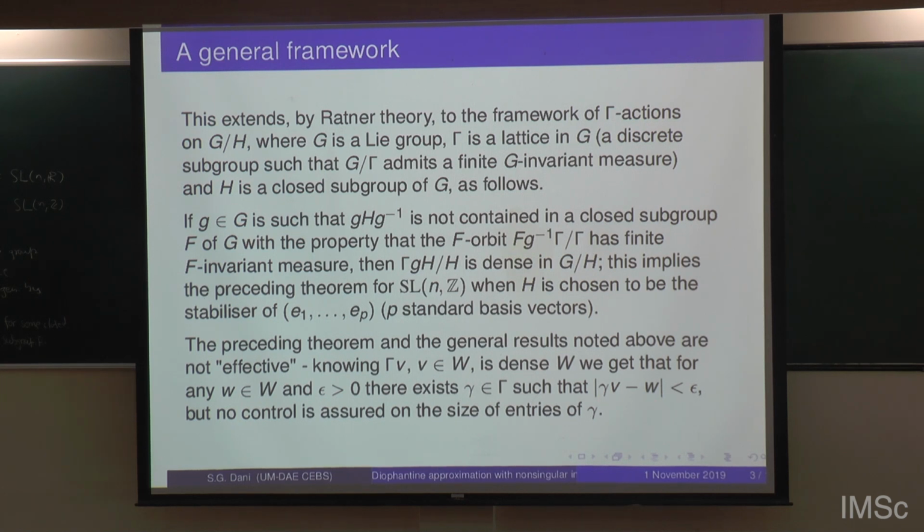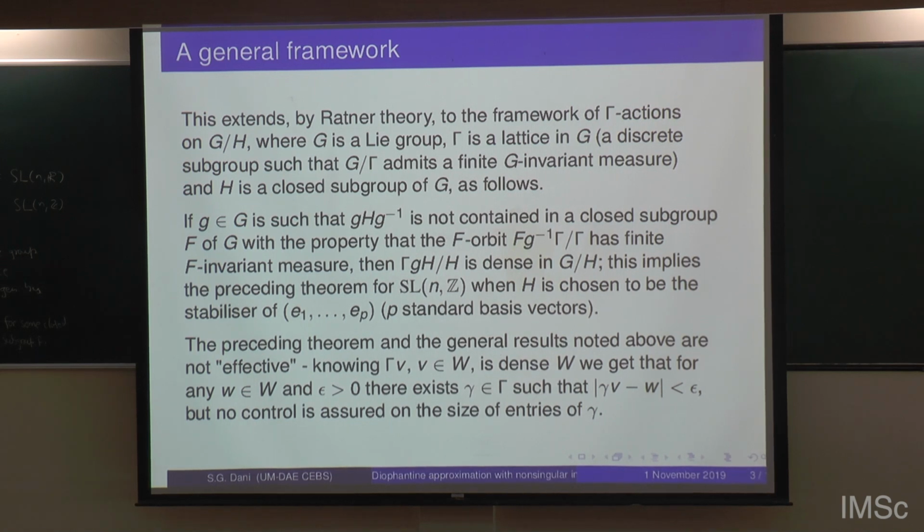Now the issue is if you start with an epsilon, how can you say how large the entries of this have to be? Let's say now knowing that such a thing exists, you want to use your computer to find some Gamma.